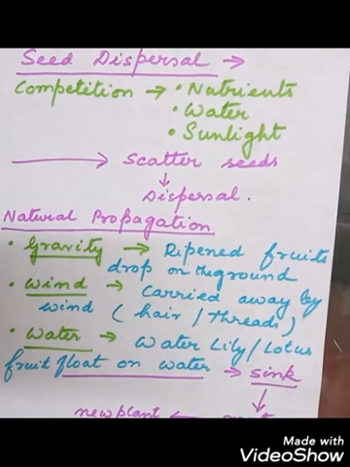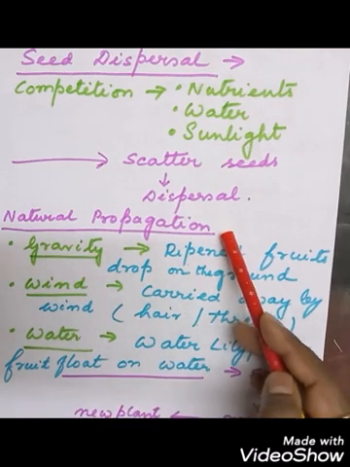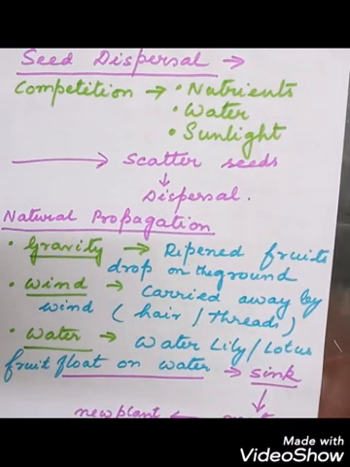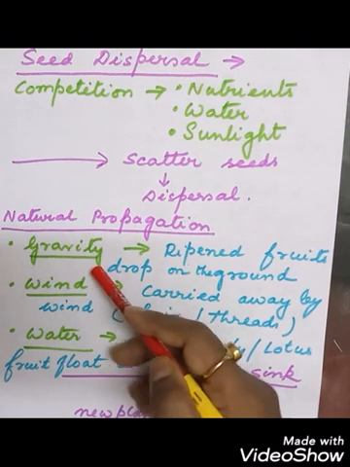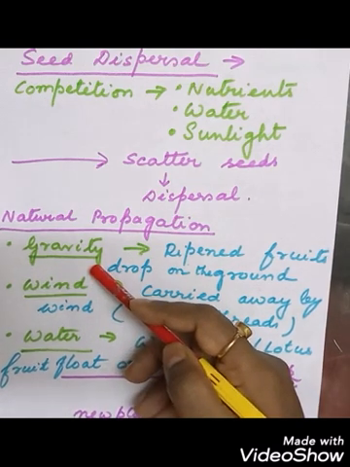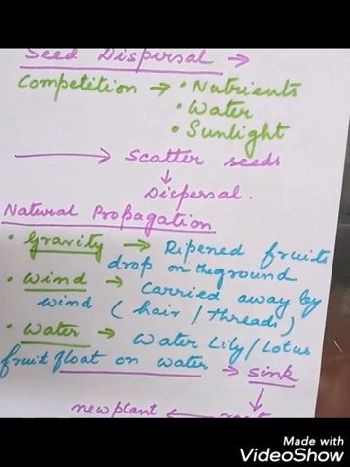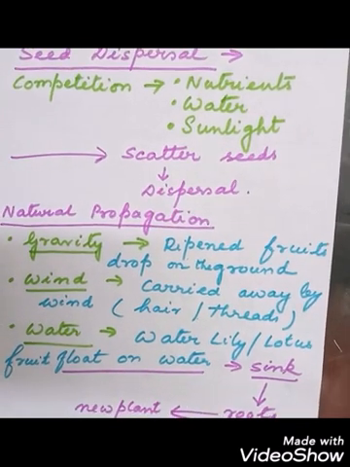And there are different ways of dispersal, which is called natural propagation, by which the seeds are naturally carried. First, by gravity. Some of the fruits ripen and become mature and they fall off on the ground, due to the pull of gravity. So when they fall on the ground, what happens?